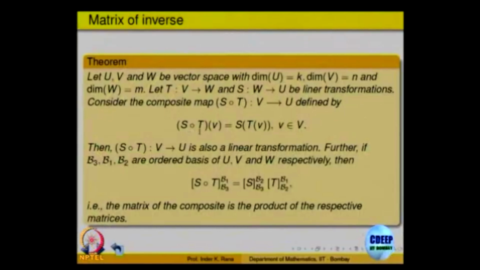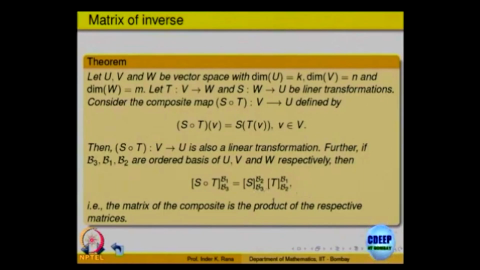But it gives a very nice corollary. Supposing S and T are related such that they are inverses of each other, then what do you get? The composite will be the identity map, so the identity matrix is equal to the product of these two matrices.